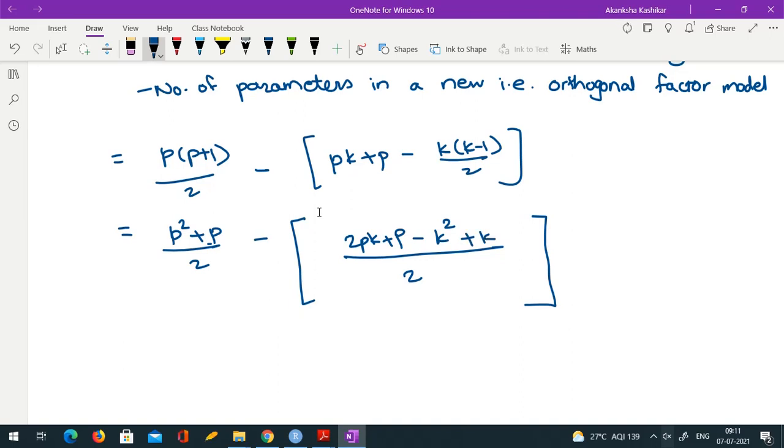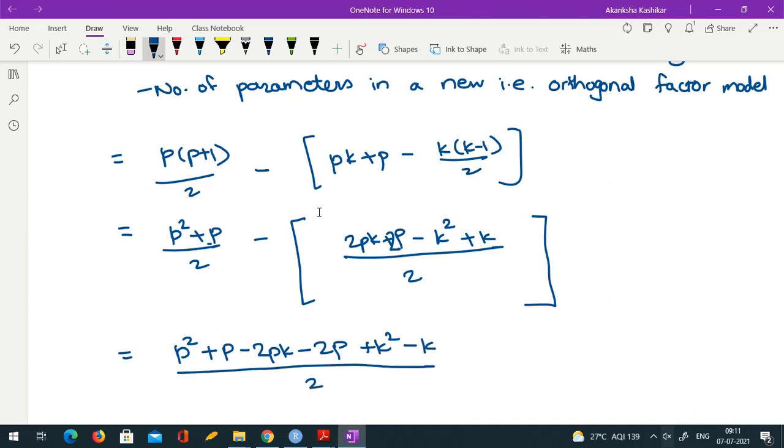Am I right? This would be minus k, and then with this minus sign it would become plus k. So this is p square plus p minus 2pk. I'm sorry, here I need to have 2p. So minus 2p minus k plus k square minus k, divided by 2.